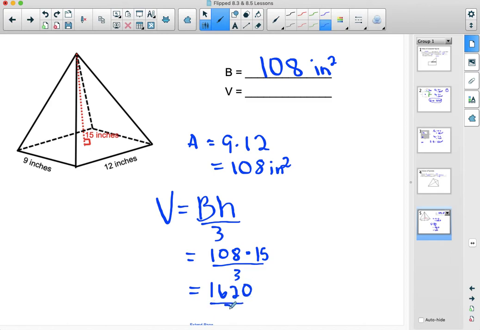Don't forget to divide by 3. I'm running out of room, so I'm just going to work to the right here. And when we divide by 3, we get 540. Now this is volume, no longer area, so it's not square inches anymore. Now it is cubic inches.